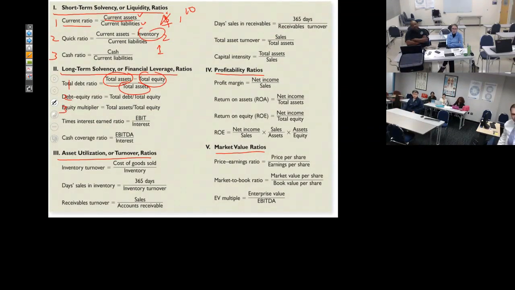Now what does that mean? Let's say that this number for you is 50%. What will that mean? That the company's debt is 50% of the total assets, or in other words, 50% of the financing is coming from the owner's equity and 50% from the debt. Now, is that good or bad?